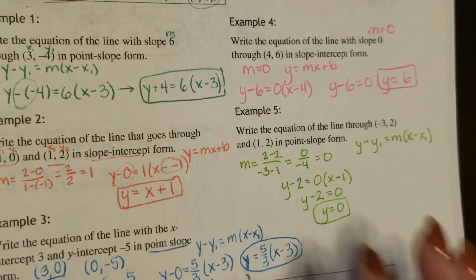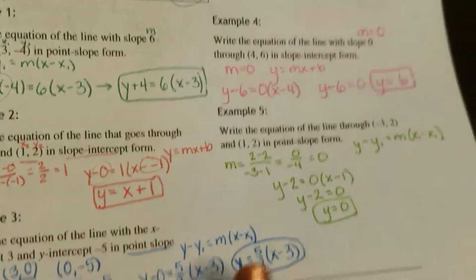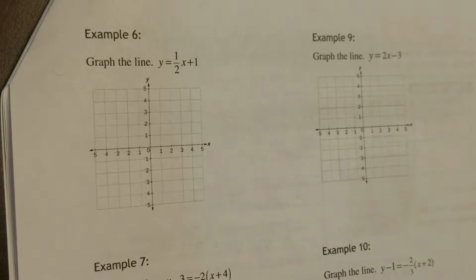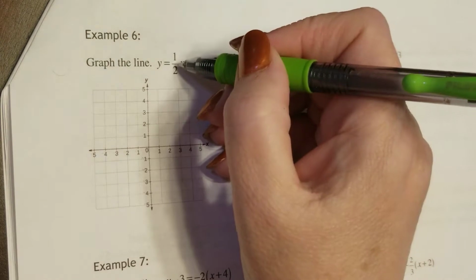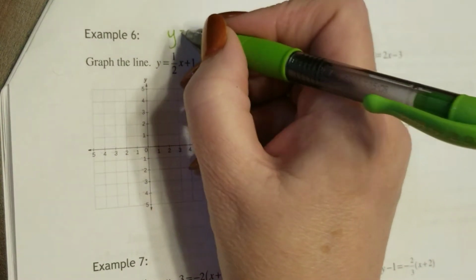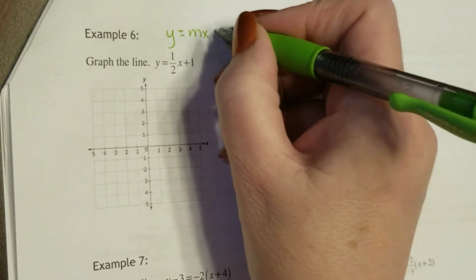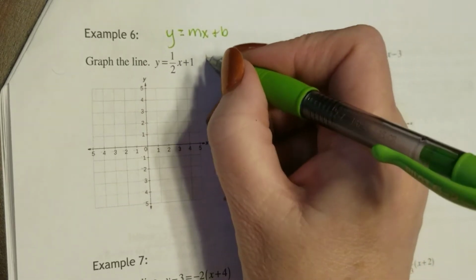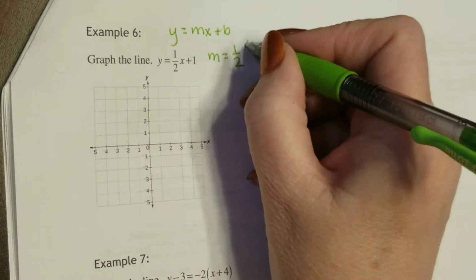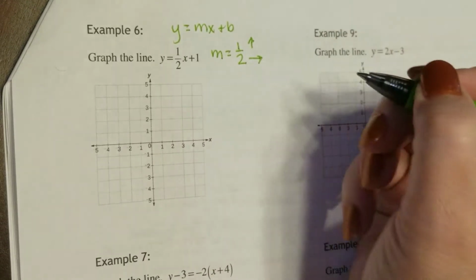Let's go ahead and turn the page over, and we're going to do some graphing. Okay, so example 6 gives us y equals 1/2 x plus 1. This is in that form of y equals mx plus b. So my slope is 1/2. Remember, that's going to be our rise over the run.